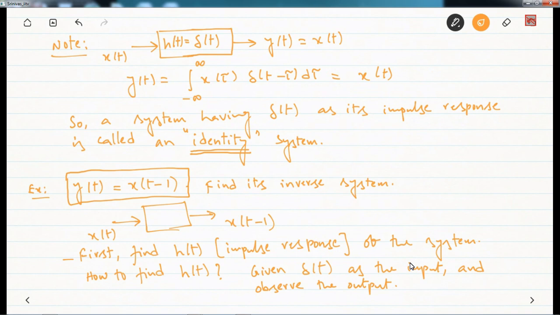What is h of t? h of t is the impulse response. It's the response to a unit impulse. The impulse response of a system is the response given by the system to a unit impulse applied at the input. So now if you know the input-output relation, as I said, this is called the input-output relation.